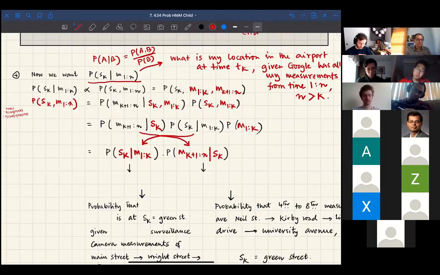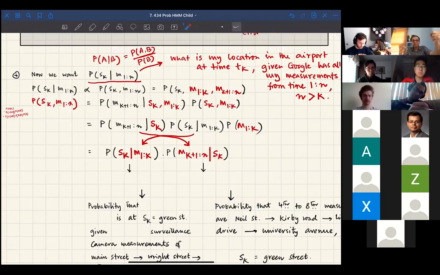What does that mean? That means I have broken down the problem of where is Romit at time Tk given all the measurements that I got from Romit while he was in the airport. Romit has flown out of the airport now, right? Google has the full measurement until he got into the airplane and just flew out.